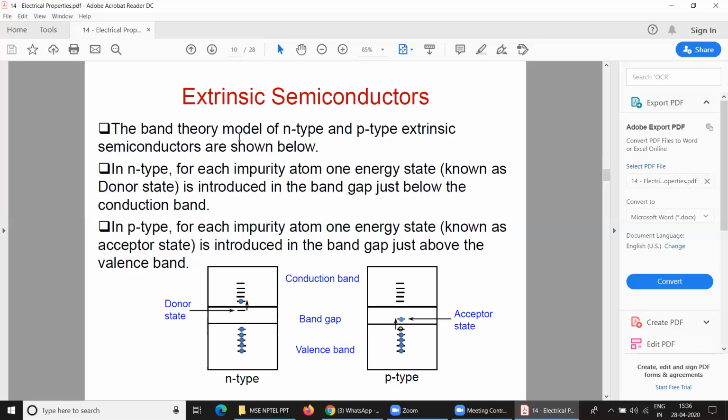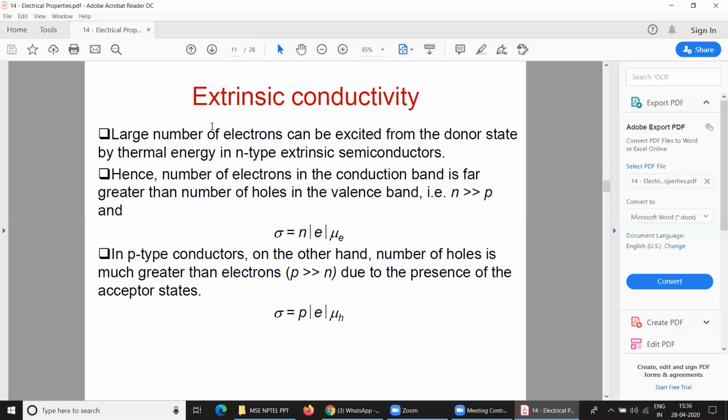So those are extrinsic semiconductors. For extrinsic conductivity, a large number of electrons can be excited from a donor state by thermal energy in an n-type extrinsic semiconductor. Hence, the number of electrons in the conduction band is far greater than the number of holes in the valence band, that is, n is greater than p.